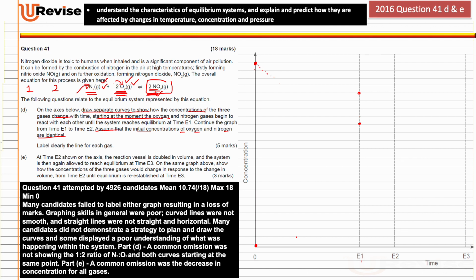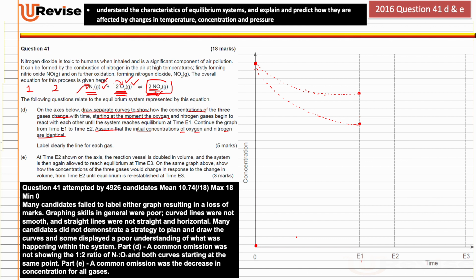I try to use some dotted lines that will give me a curve that runs up to that dotted point. This one is for nitrogen, and I can have another dotted line as well before I actually draw it properly. Now my curves look like what I want them to look like.